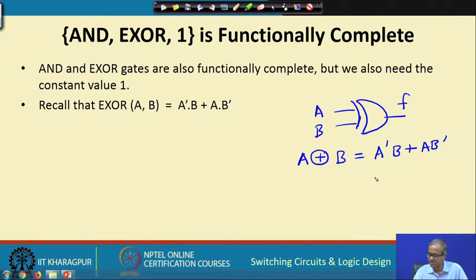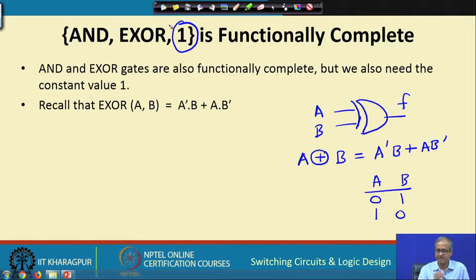Odd number means with respect to A B, if A is 0, B is 1 or A is 1, B is 0. Odd means one single one. So, A bar B, A B bar. Now, here what we are saying is that only AND XOR is not sufficient, we also need the constant value 1.